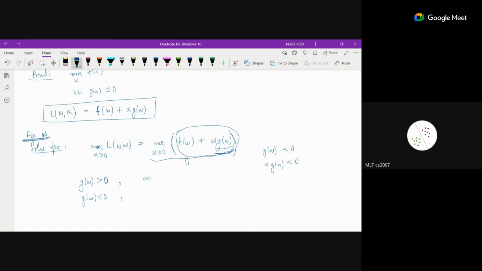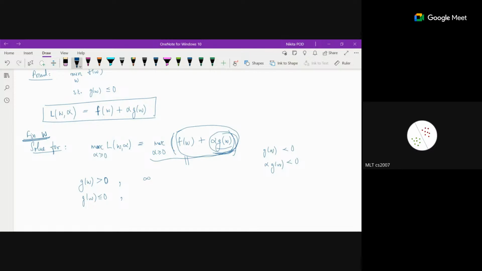We don't know what f of W is currently, but we are subtracting something from f of W, so that term will always be lesser, and it is maximized when it goes to 0, because alpha cannot take a negative value.